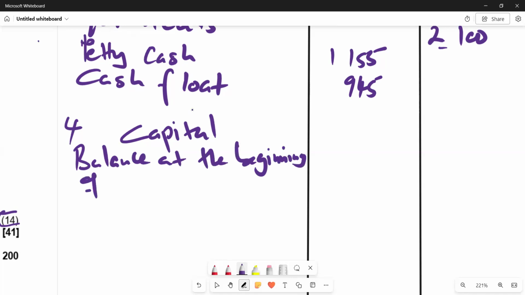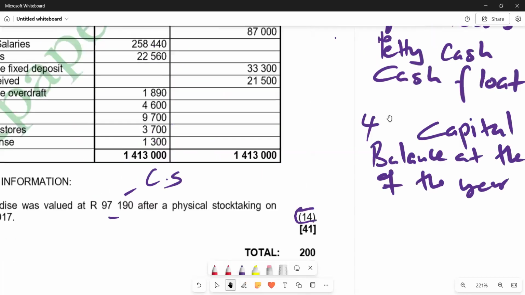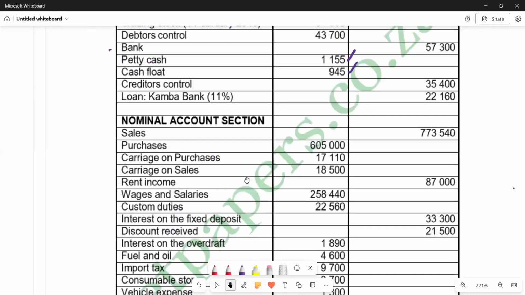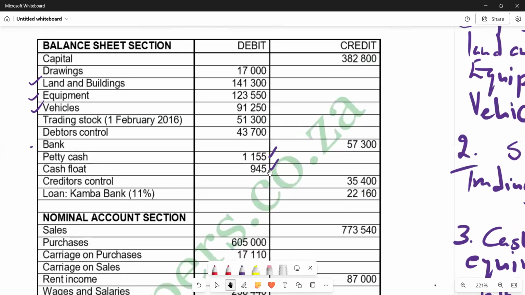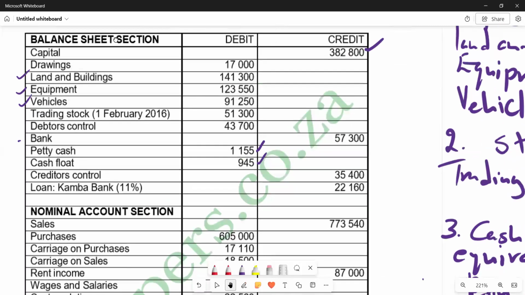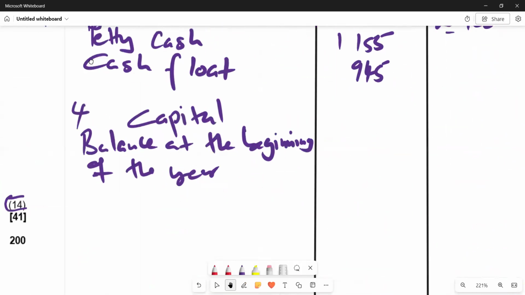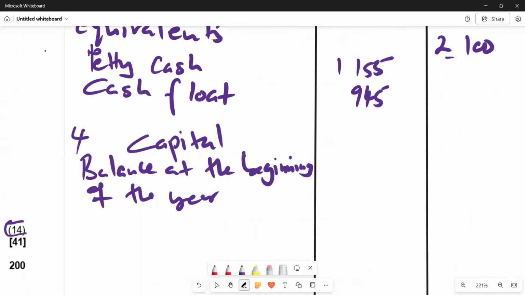Balance at the beginning will be given in the trial balance. Remember, we've got capital in the balance sheet section, which is 382,800. So this represents our opening capital, which is the balance at the beginning, and it's 382,800.